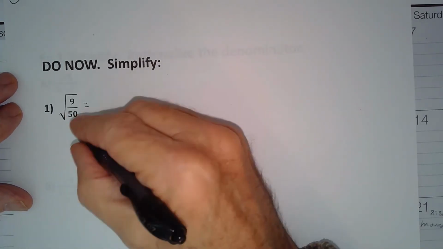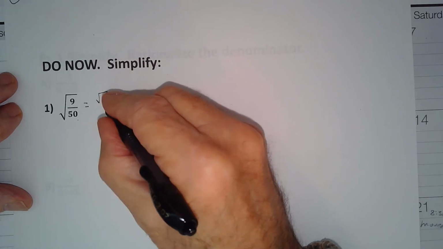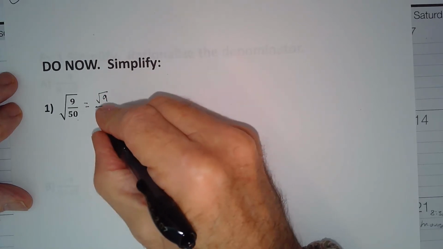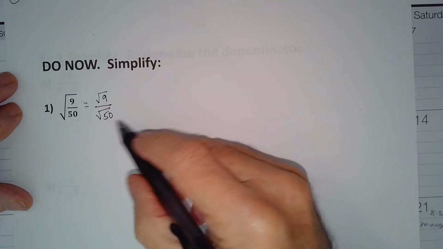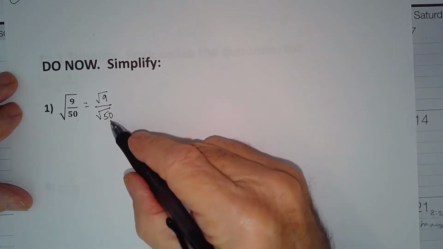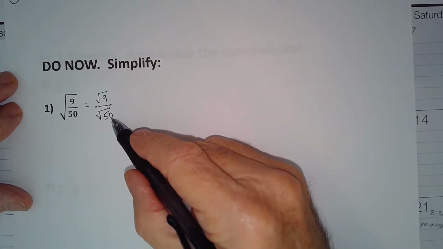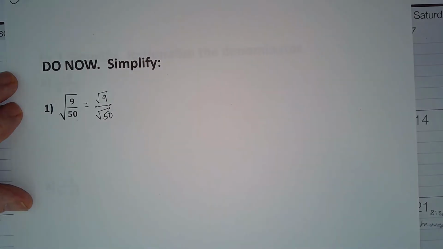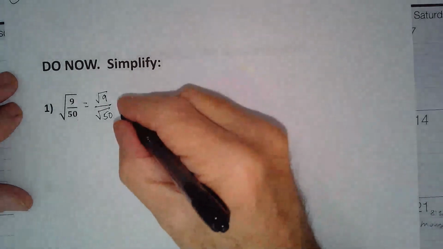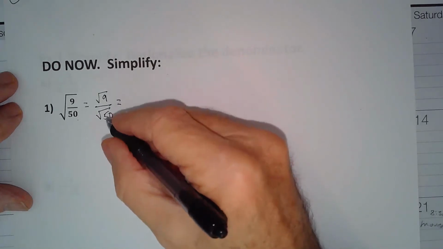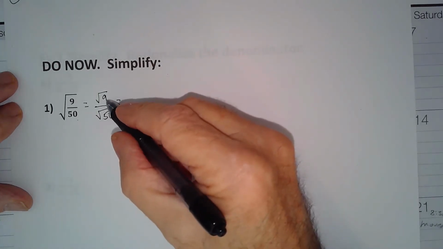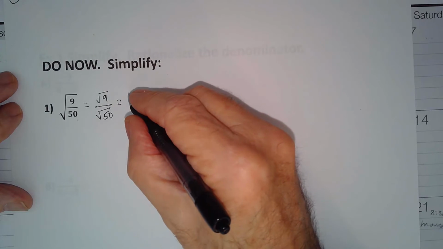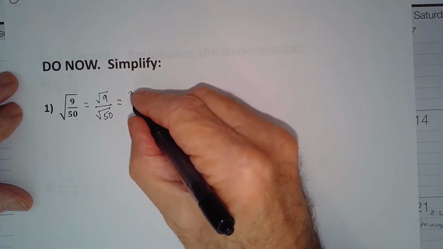Let's rewrite this as the square root of 9 divided by the square root of 50. Now we can't have a radical sign in the denominator, so we want to rationalize that. The first thing we want to do is factor everything we can. The square root of 9 we know is 3, so we get rid of that radical real fast.